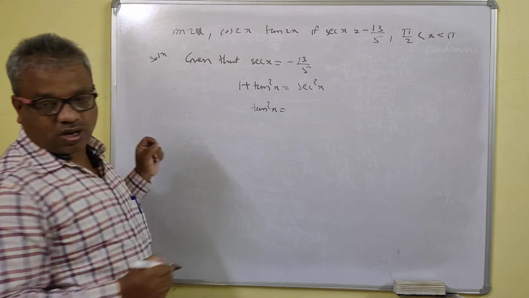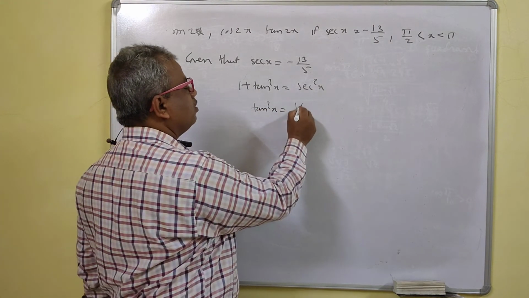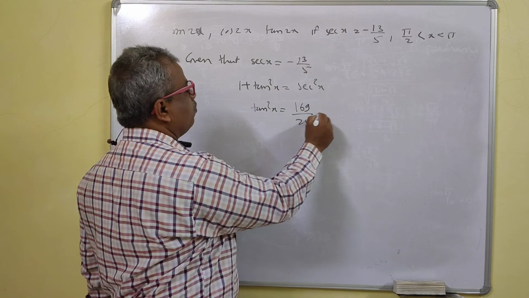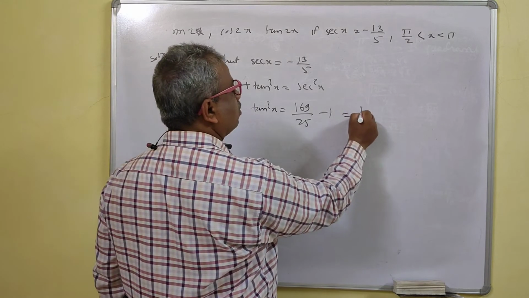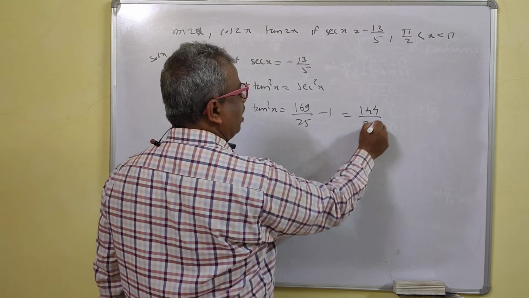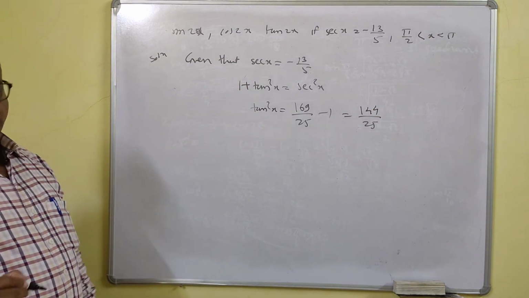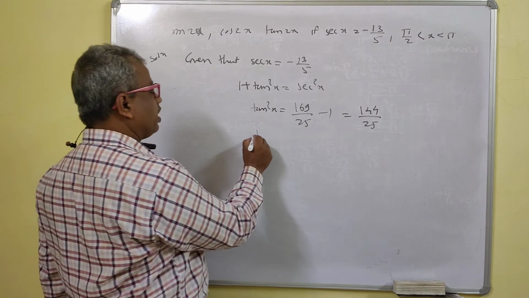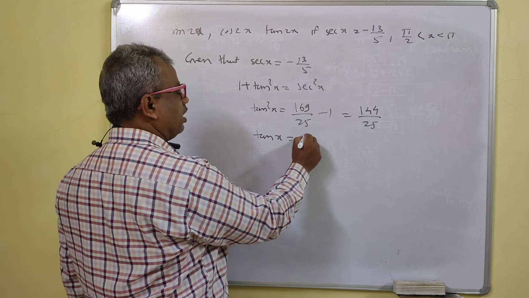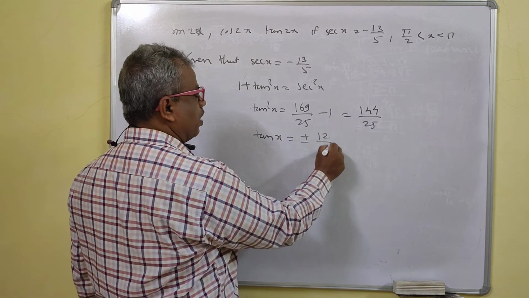Sec square x means 169 upon 25 minus 1, so this is 144 upon 25. So now tan x, you have to take plus or minus, tan x is plus or minus 12 by 5.